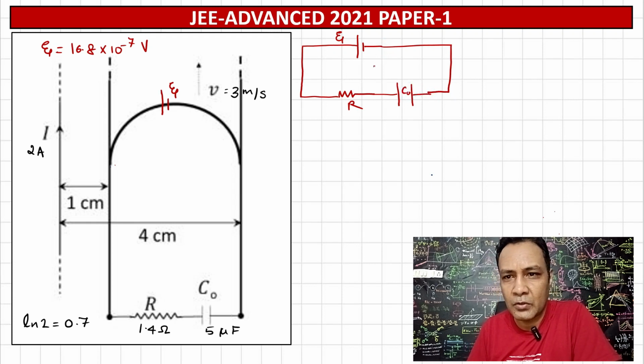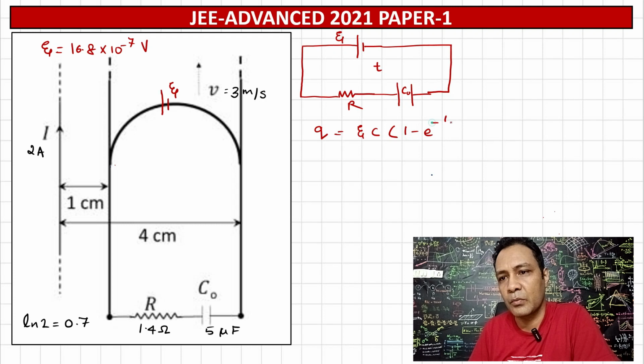So at time t, if I want to write the charge at time t, and that is a standard case if the charge was initially 0. So at time t, the charge as a function of t is given by EC into 1 minus e power minus t by tau, and obviously tau is equal to RC.